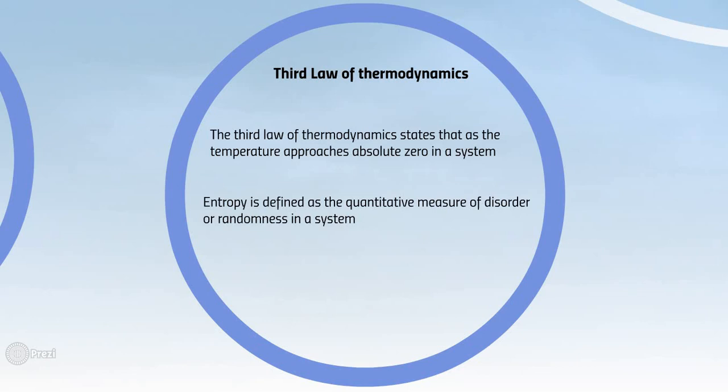There is no distance between the molecules. Entropy is defined as a quantitative measure of disorder or randomness in the system.